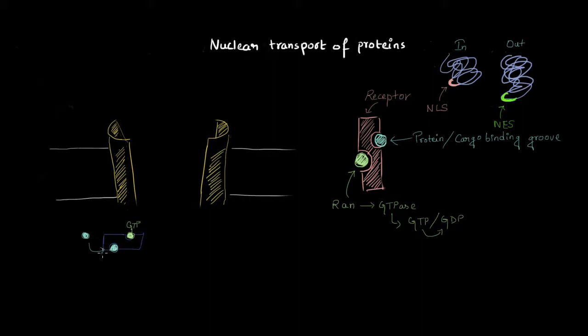Now once these two are bound to the export receptor, let's shade it over here. Now when it is bound to both of these, then it can move out. So it moves out, and let's draw it once more.